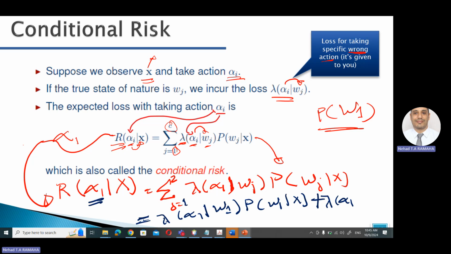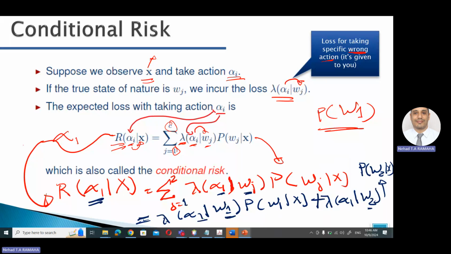I is related to the number of alpha, which alpha.